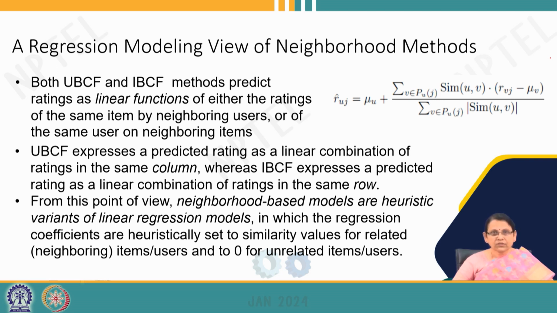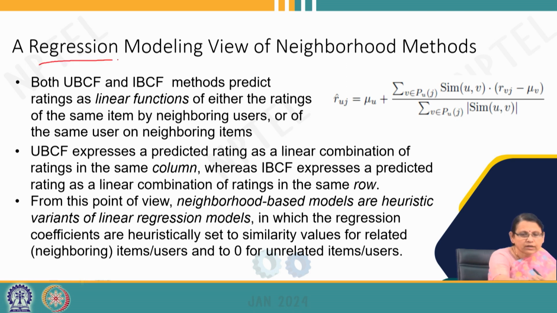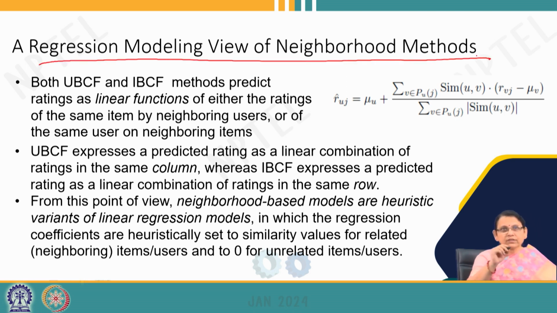With this knowledge of how we can compare user and item based collaborative filtering, now let us look at a completely renewed view of recommender system, neighborhood based recommender system. So, a regression model of neighborhood based recommender system.